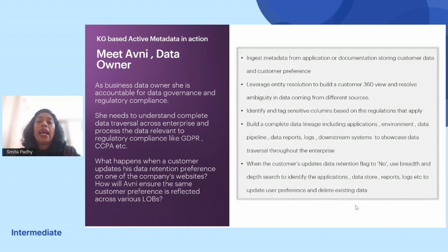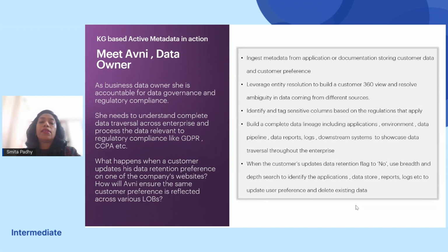Then go on to build a complete data lineage to showcase how the data traversed, including the applications it touched, the environment it's hosted in, the data pipelines, the data reports being derived, the logs that are storing the data, the downstream systems, etc.